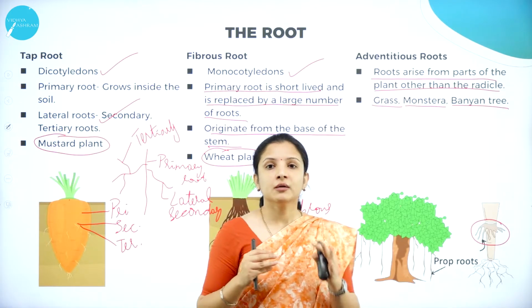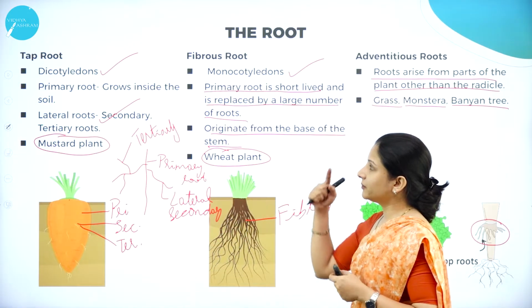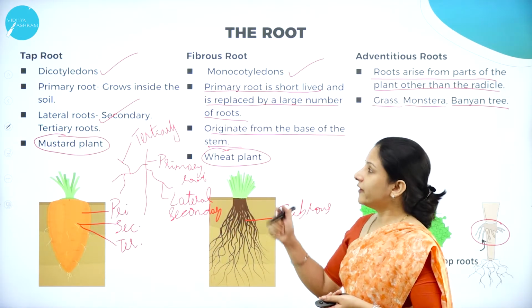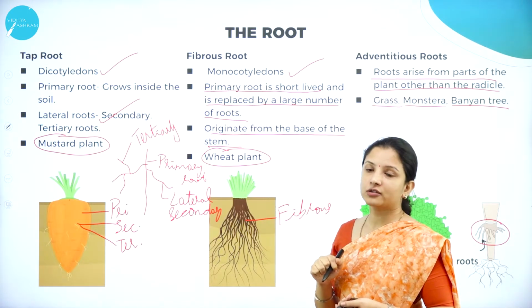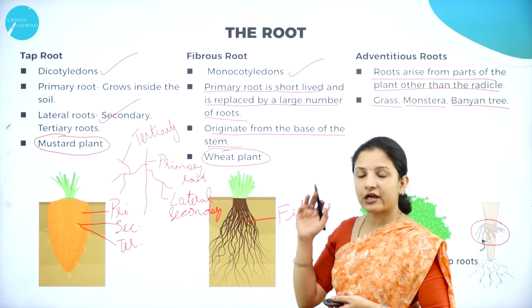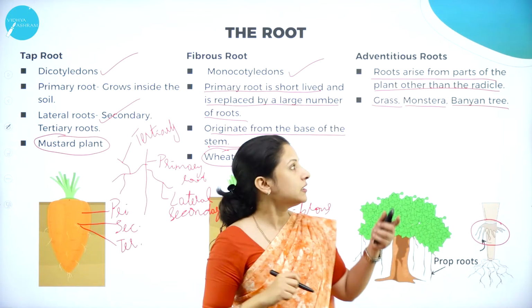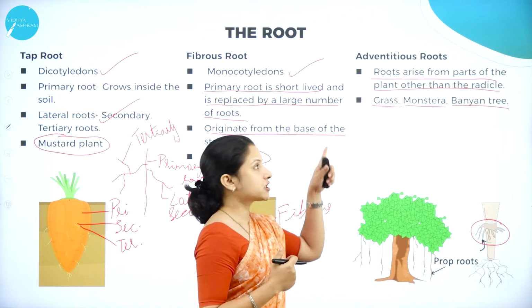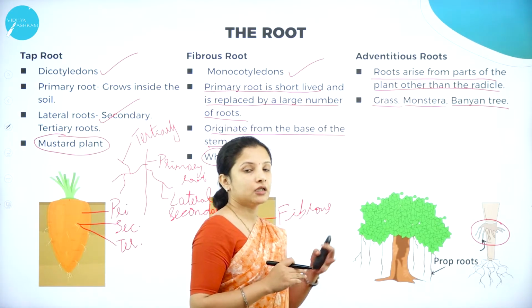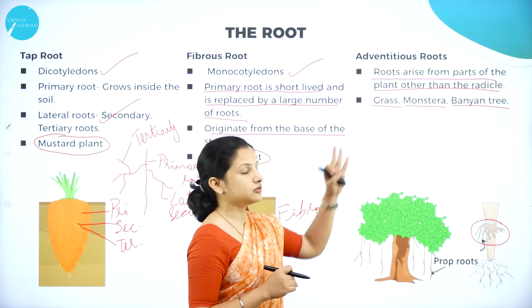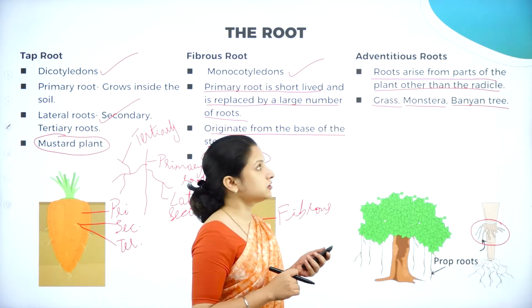So now you know that, based on the type of root, plants have been classified: those plants having tap root have been placed under dicots, those having fibrous root have been placed under monocots, and there are some peculiar features wherein some plants also have adventitious roots.